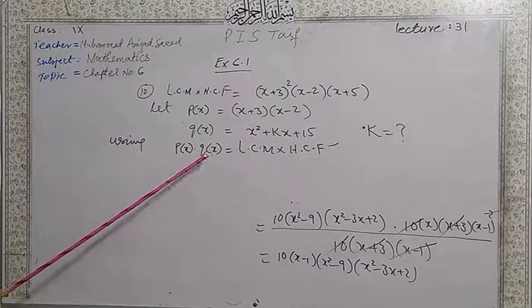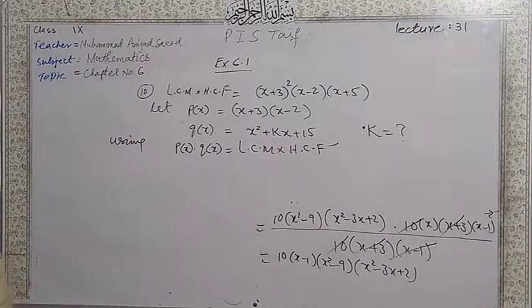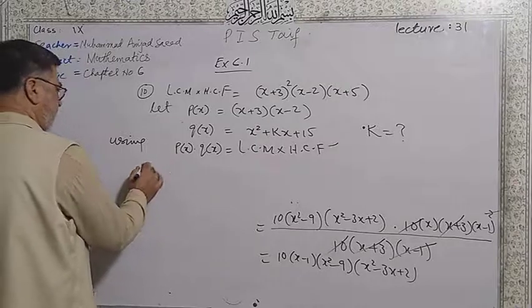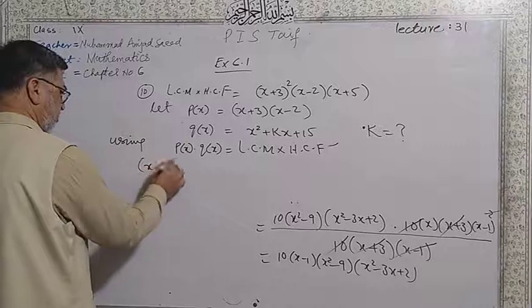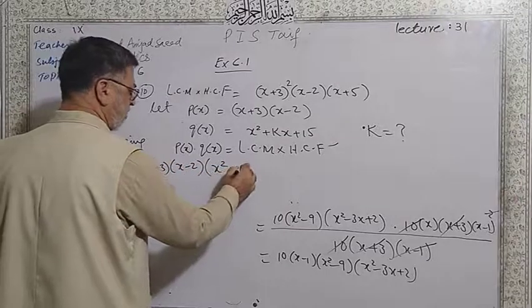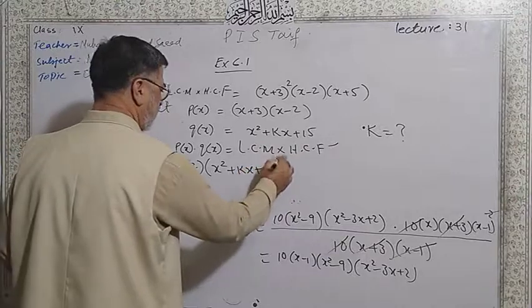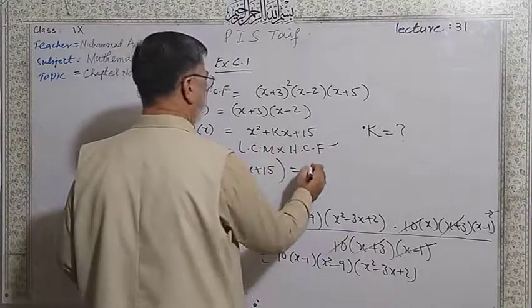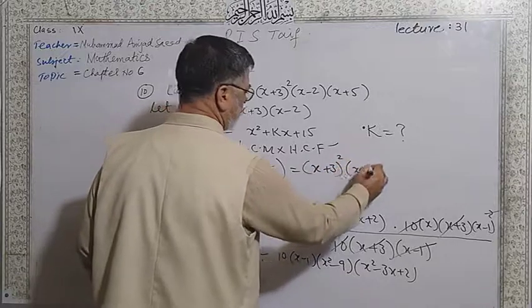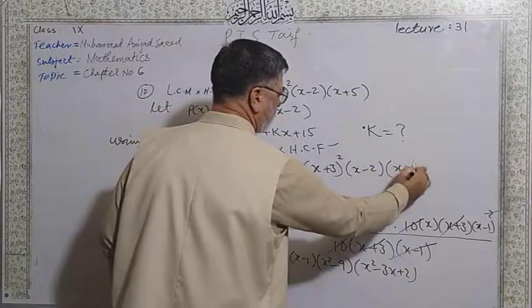Product of the polynomials is equal to product of their LCM and HCF. What is P of x? X plus 3, x minus 2. Q of x is x square plus kx plus 15. That will be equal to x plus 3 whole square, x minus 2 into x plus 5.